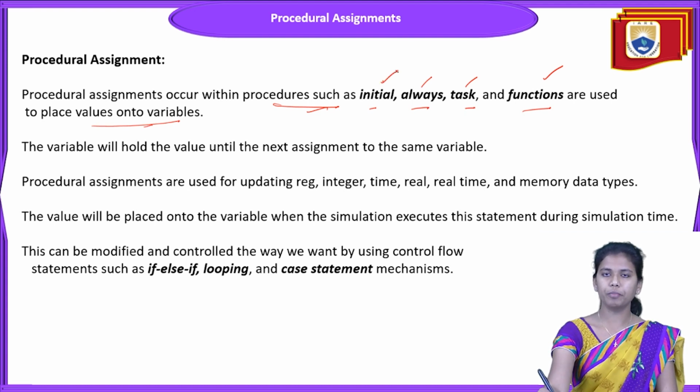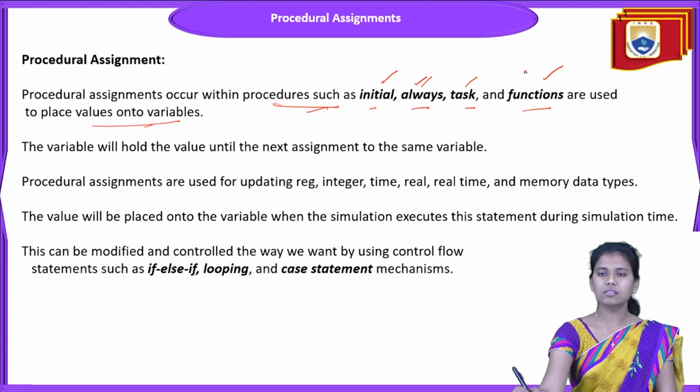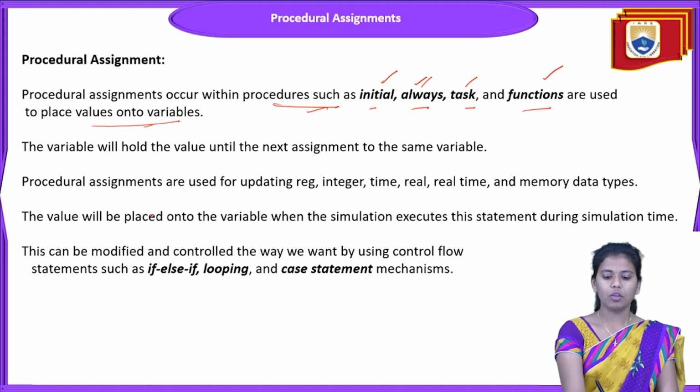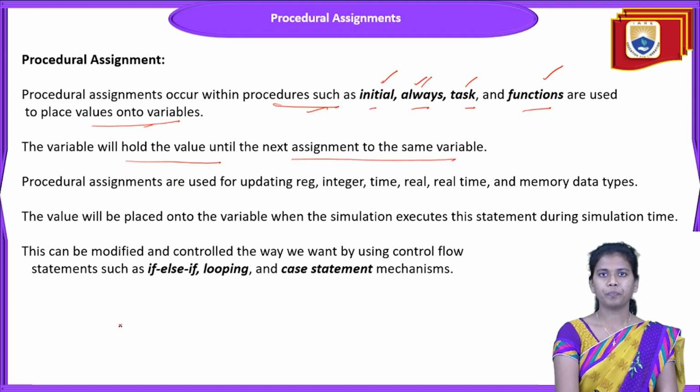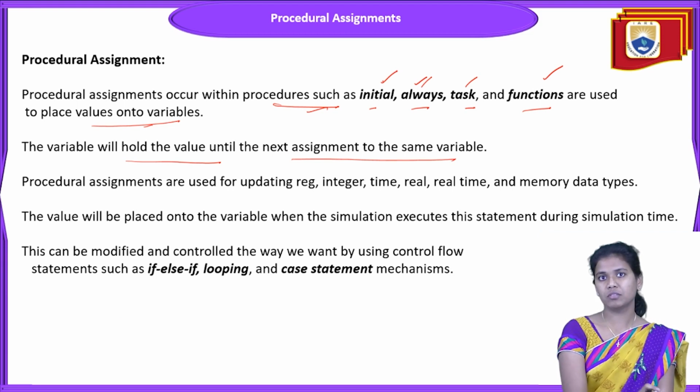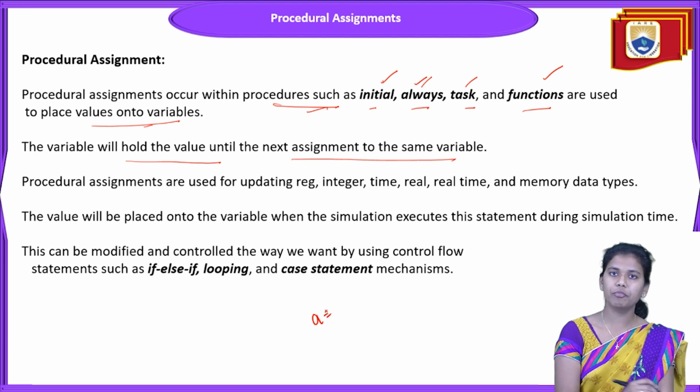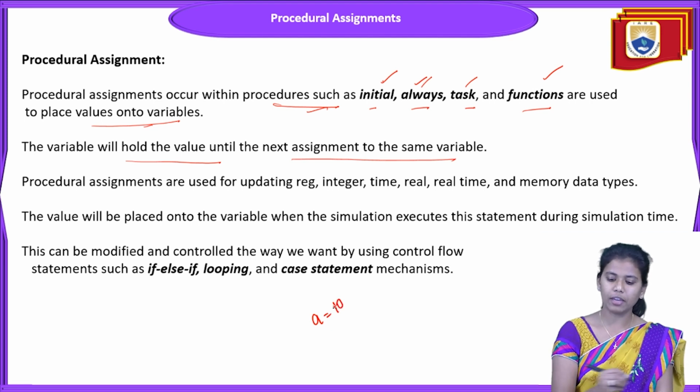That means it could be in the initial group, or else it could be in the always, task and functions. And the variable will hold the value until the next assignment to the same variable. For example, presently variable A is holding a value 10.